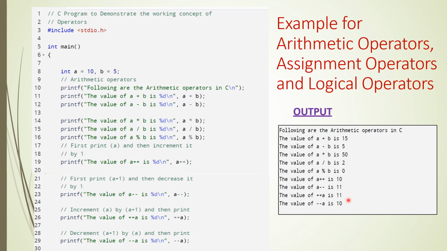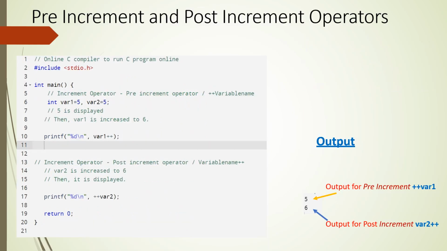Then there are post increment and pre increment. We can see the difference here. It is A plus plus and plus plus A. Plus plus A is pre-increment, where the value is incremented first and then reflected. If you write C equal to A plus plus, then you will get 10.